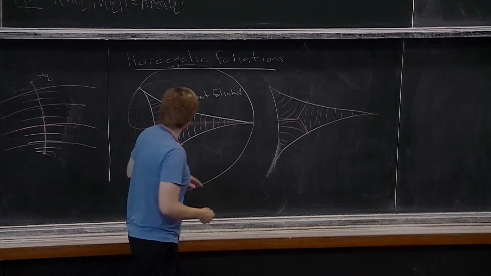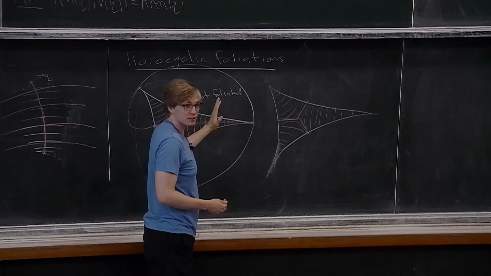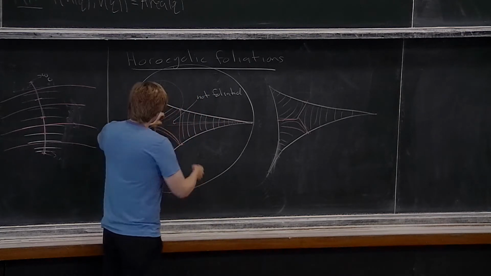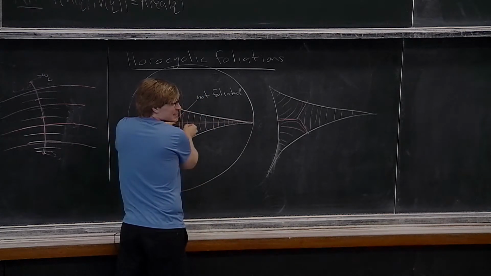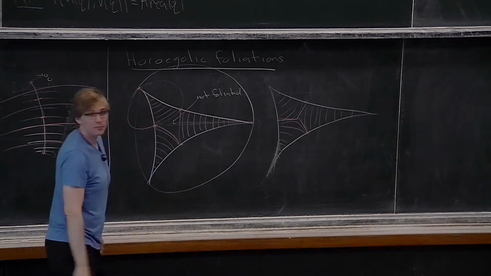I can do that without really changing how the leaves intersect the boundary of the triangle. I'll affect what happens on the inside of the triangle, but I'm not affecting how the leaves intersect the boundary of the triangle.